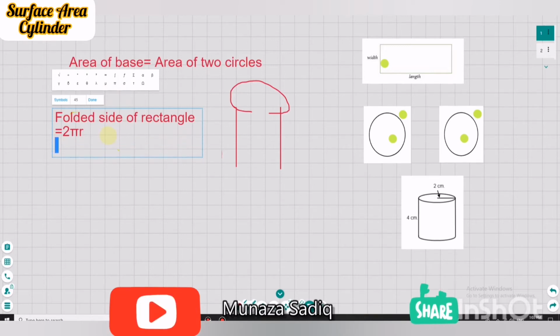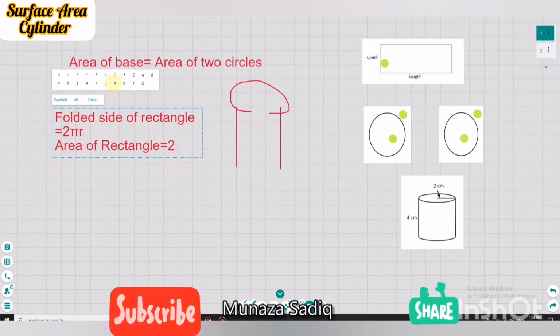So the area of the rectangle is equal to 2 pi r multiplied by h.